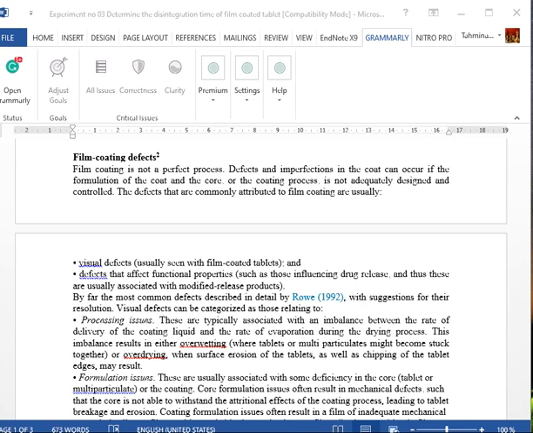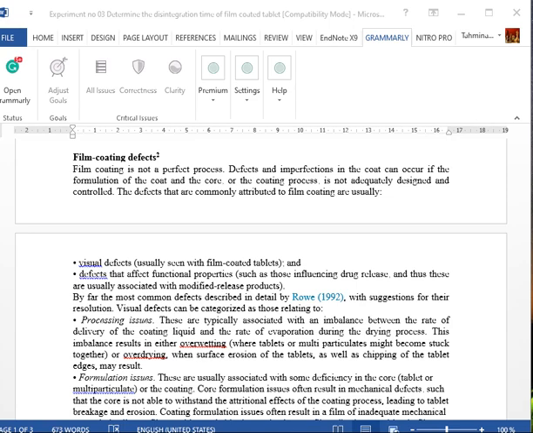As the name shows, for modified release, there may be some kind of extended release, delayed release, sustained release type of formulation, which may be compromised by this film coating process. So, by far, the most common defects were described in detail by Rowe in 1992 with suggestions for their resolution.